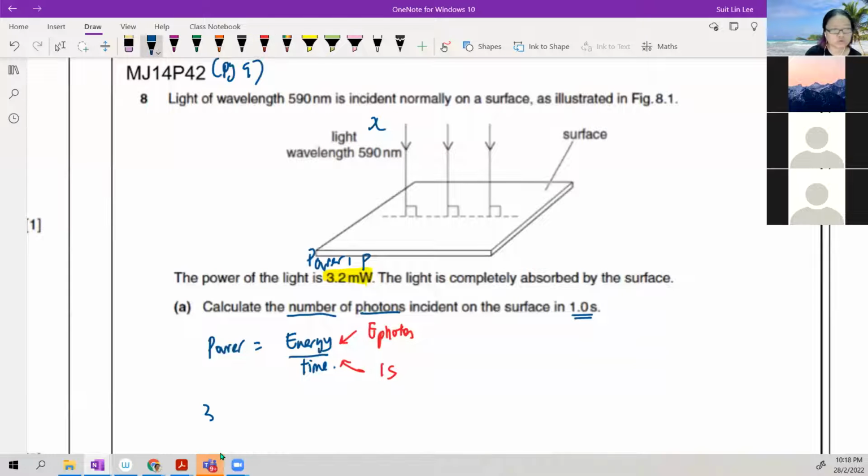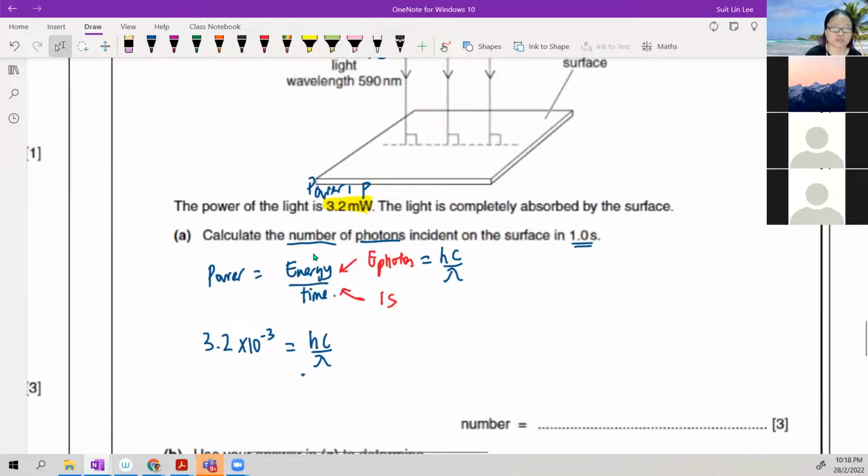So I'm going to put in 3.2 times 10 to the power -3. That's my power. Energy of photon is equal to h, they give me lambda, so hc over lambda. If you want to, you can divide by 1. You only have 1 photon? Impossible. You don't have 1 photon, right? You have multiple photons.